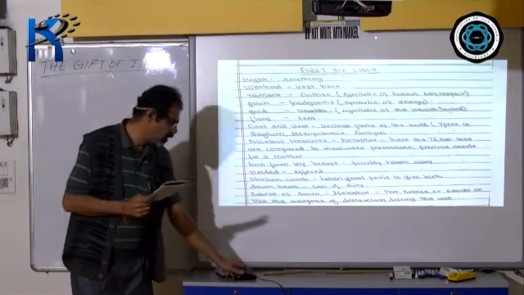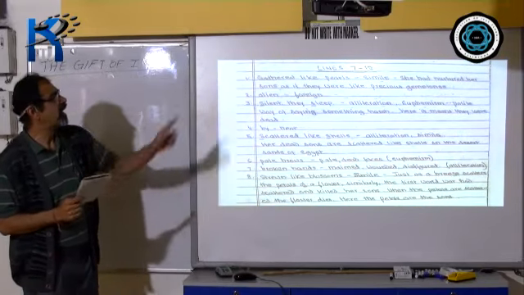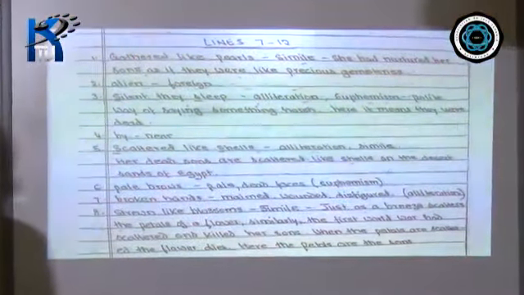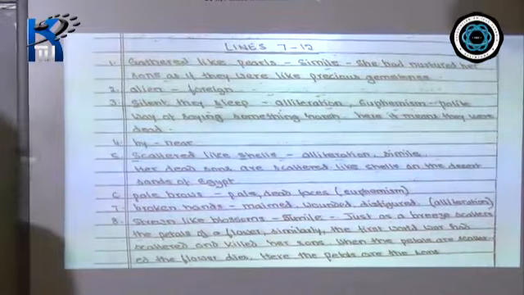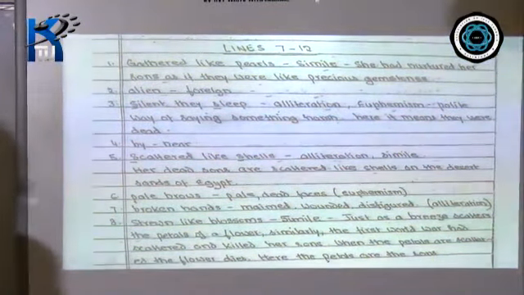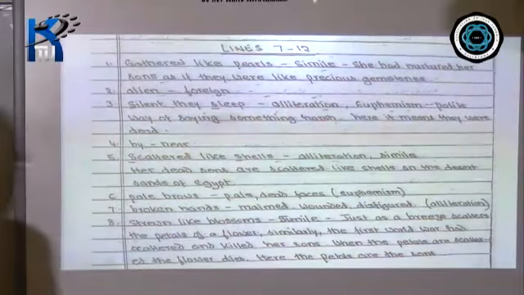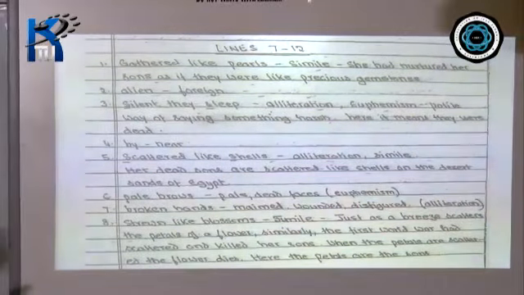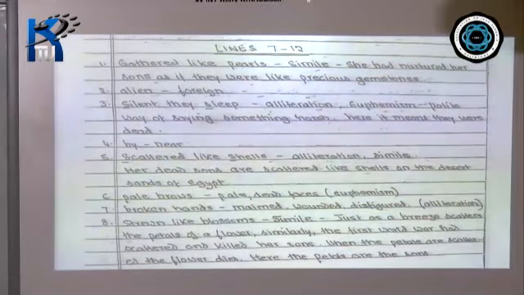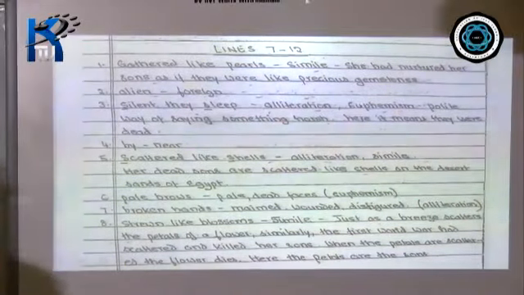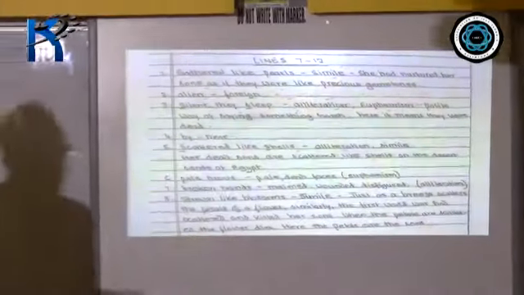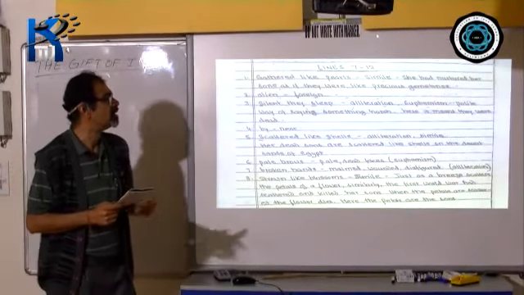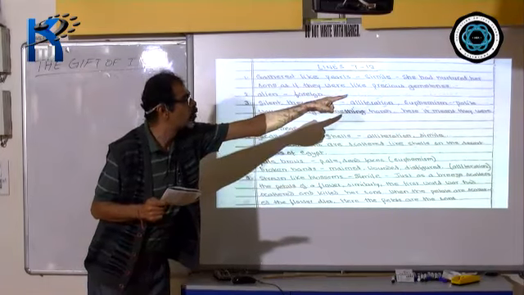Now we move on to the next part of the poem, lines 7 to 12. Gathered like pearls in their alien graves, silent they sleep by the Persian waves. In the beginning of this line, there is a simile. Gathered like pearls. Mother India had nurtured and taken care of her sons as if they were like pearls, precious gemstones.